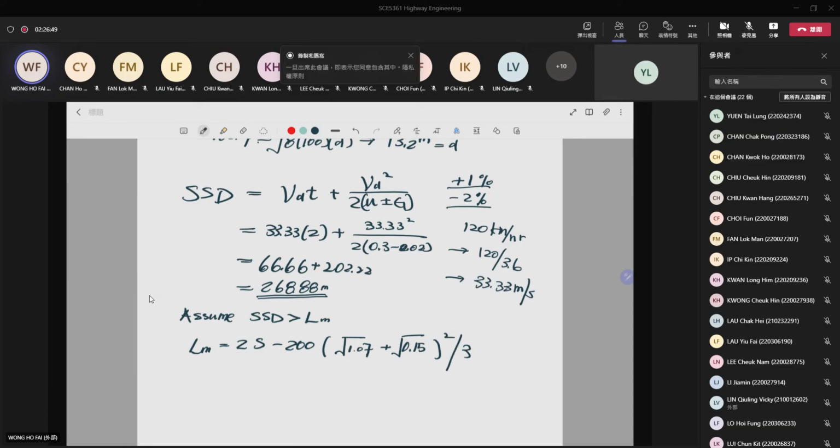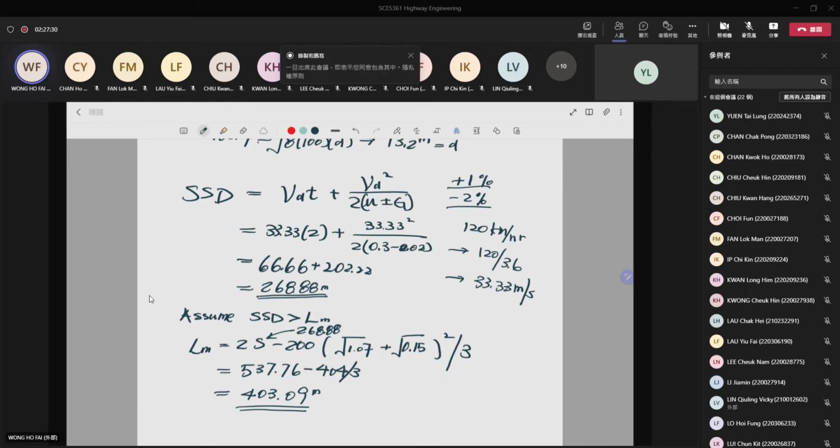So I will divide by 3. If I substitute the values, S is equal to 268.88, so it will be 537.76 minus 404, then divided by 3. And then I find that LM is equal to 403.09 meter. But this is the length of the vertical curve.